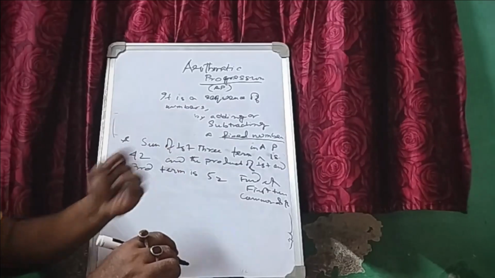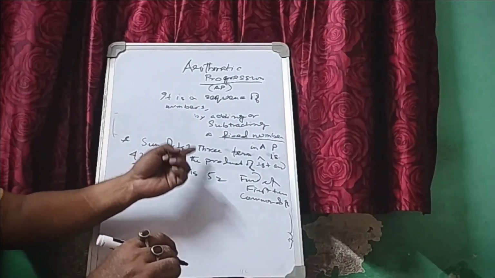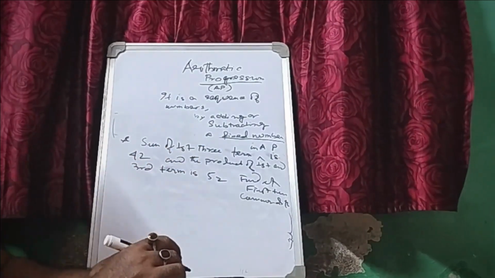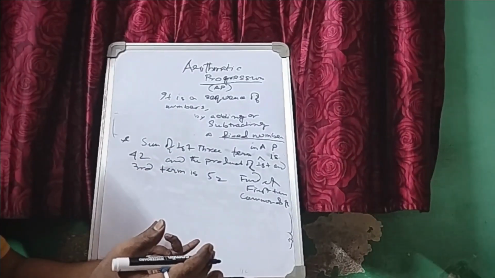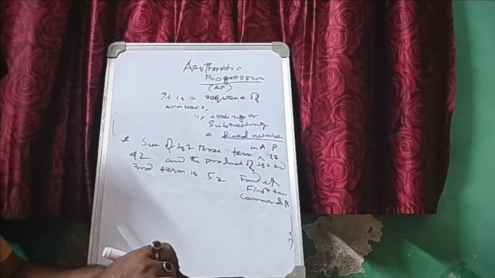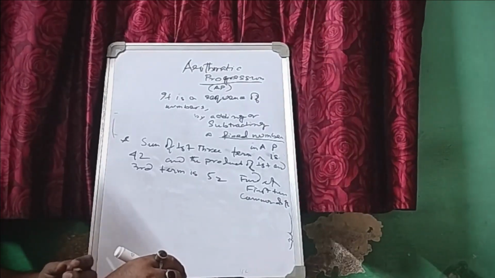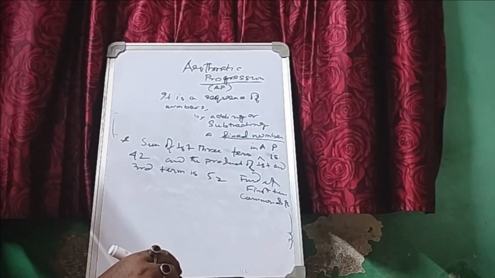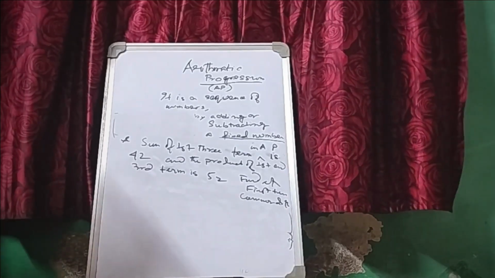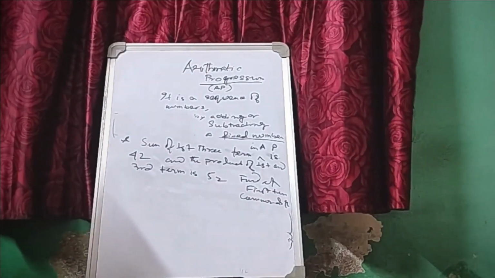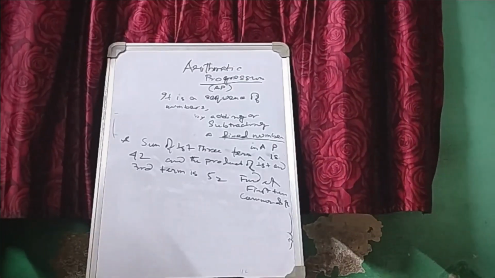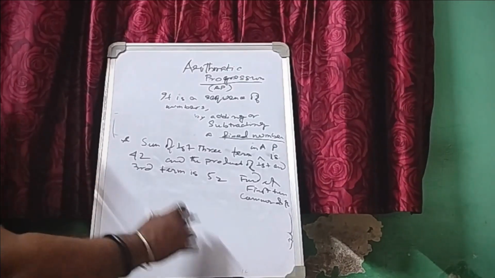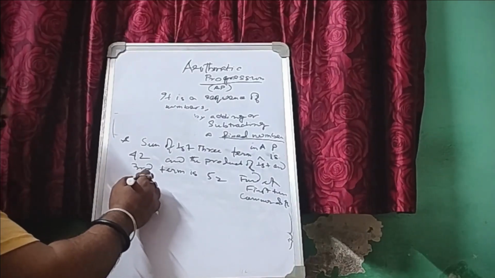But in this case, look at this problem. First three terms, how can I start? How can I get the first term? How can I get the second term? So there is a process. When you are asked about the first three terms, you will take them this way.